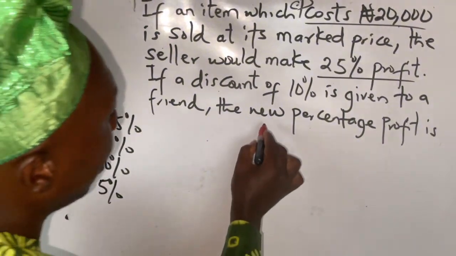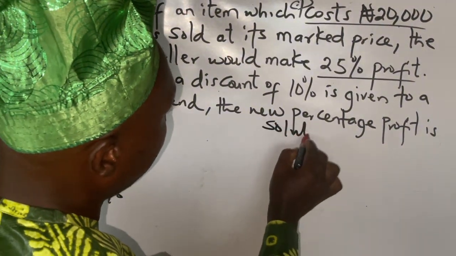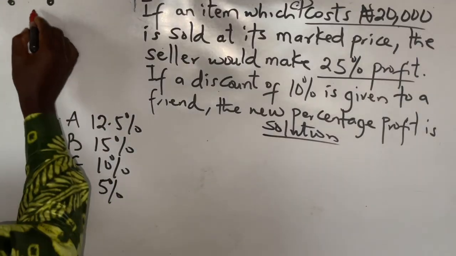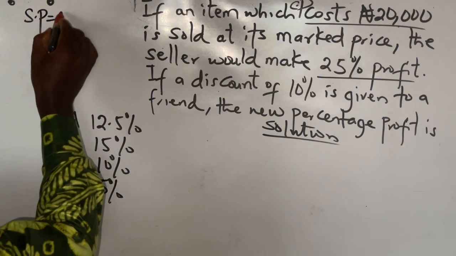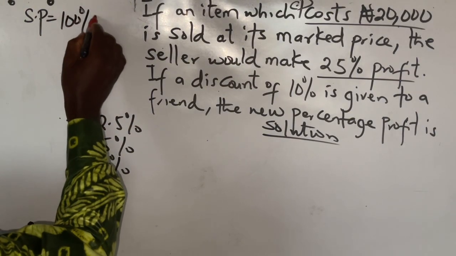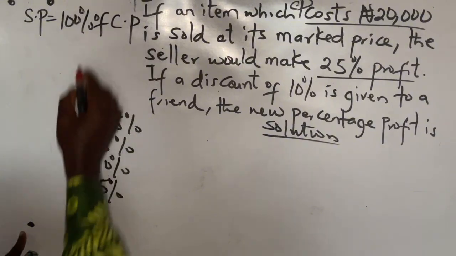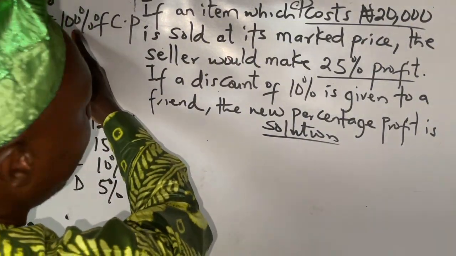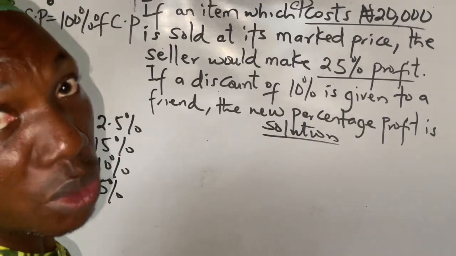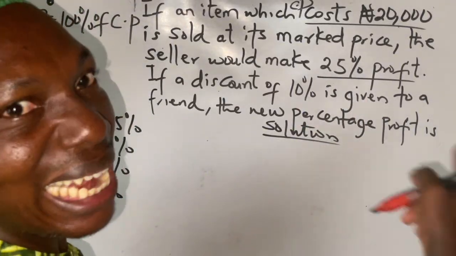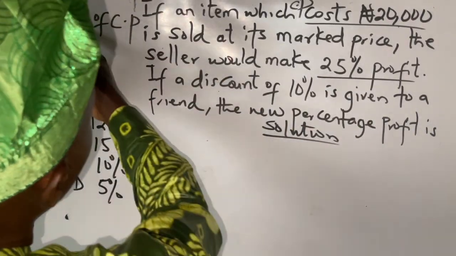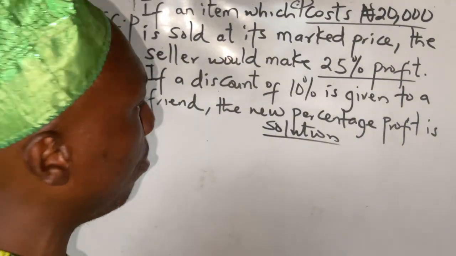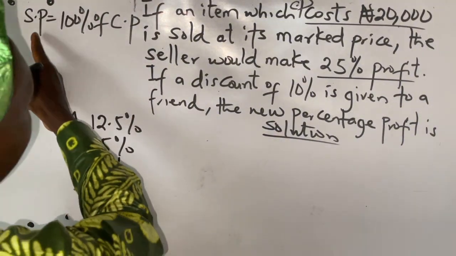This is the formula I use: our selling price is 100% of cost price. If the seller is making a profit, add the figure given to 100. If the seller is making a loss, remove the value from 100%. Simple as ABC.